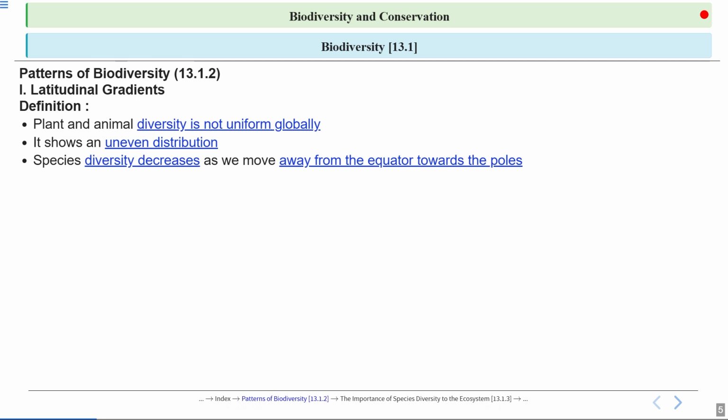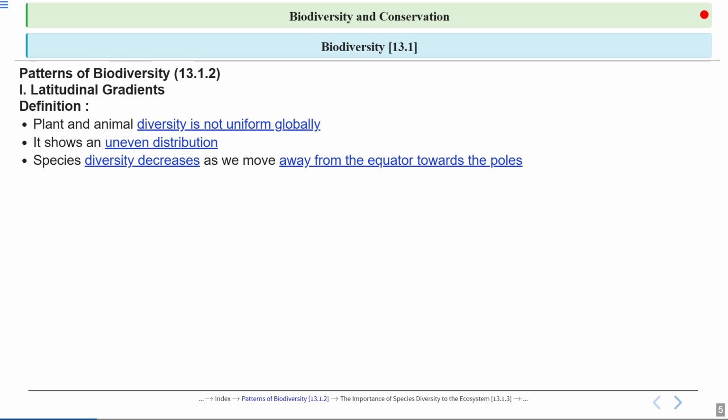Now the colder regions, like harsh polar regions, offer few resources and stable conditions. The polar or temperate regions are not that stable either, while tropical regions are more stable. That's why the species richness is less in the colder or temperate regions.